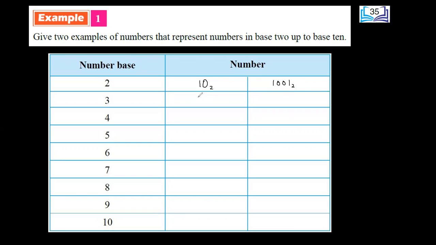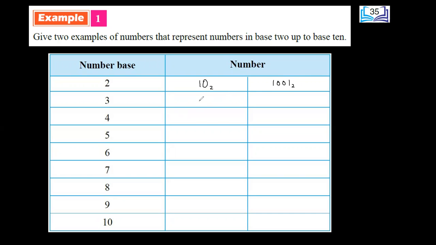Excluding the lowercase 2, you don't see digits which are more than 1. The digits that form the numbers are only 1 and 0. You don't see 2 there.